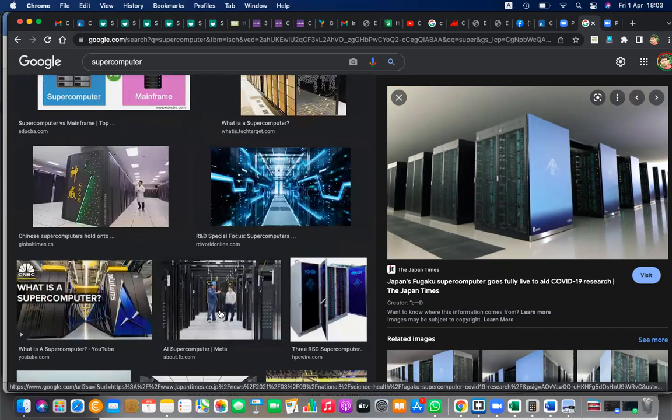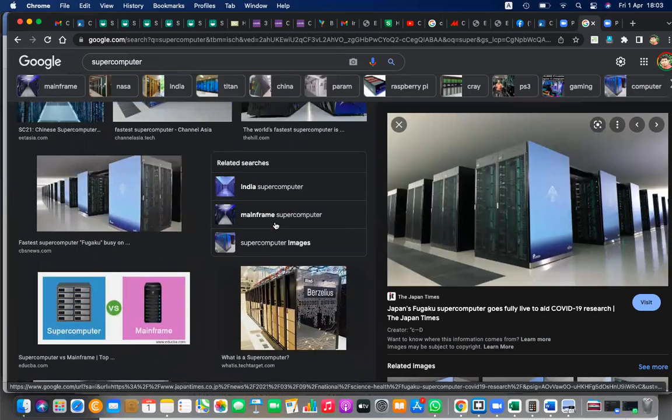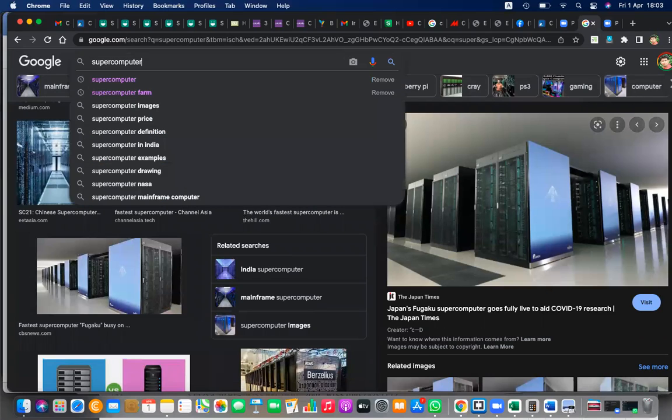Why are these stored as a farm? Because it is required to provide some facilities to these supercomputers. They need high power and consume a lot of power, so separate power plants are there to provide power to the supercomputers.